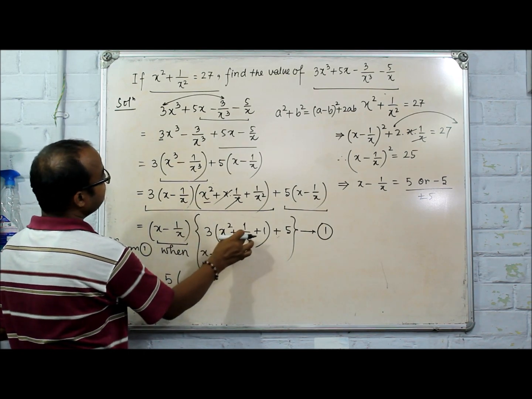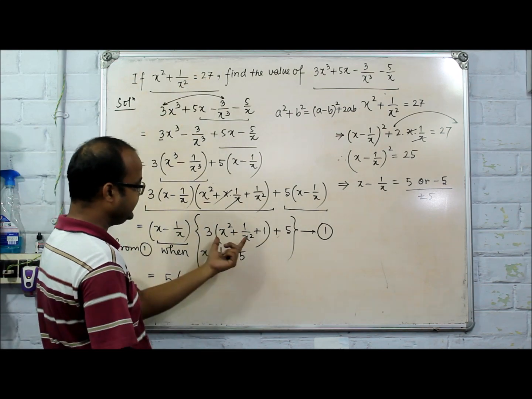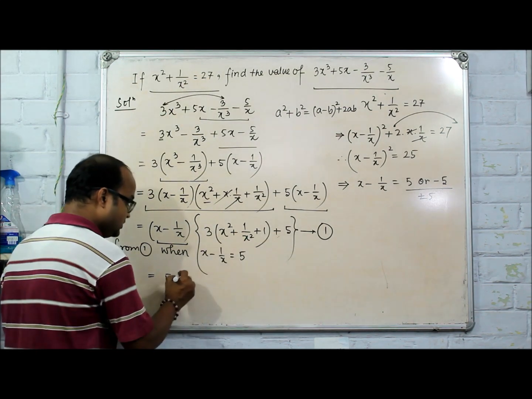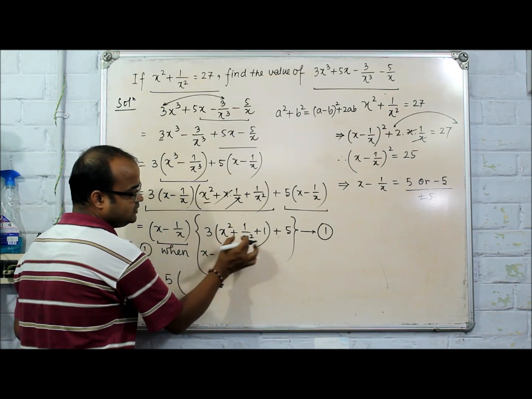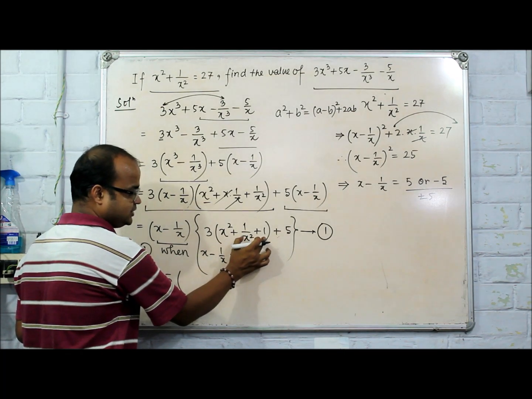Now x square plus 1 by x square is 27. So 27 plus 1, 28.